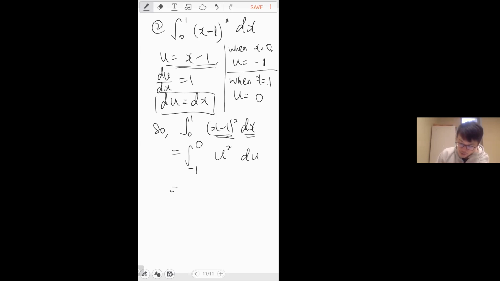And then you can compute the antiderivative of u^2. What is the antiderivative of u^2? It's going to be u^3 divided by 3. Because I'm computing the definite integral, I need to put in 0 and -1. Does it make sense?